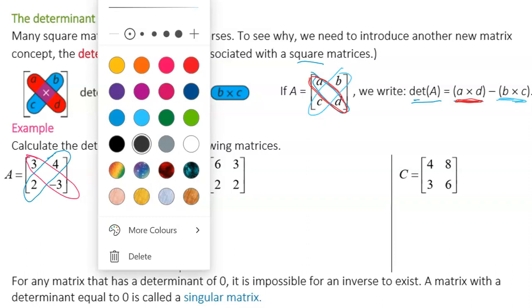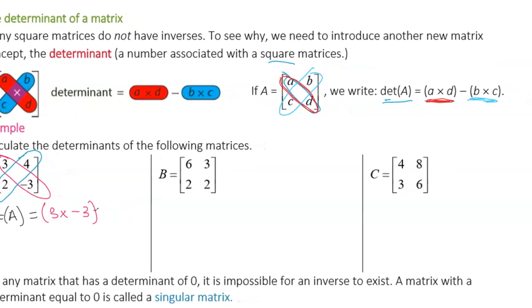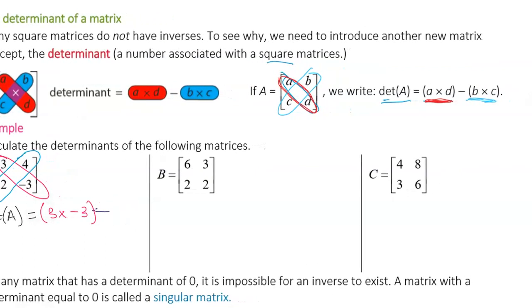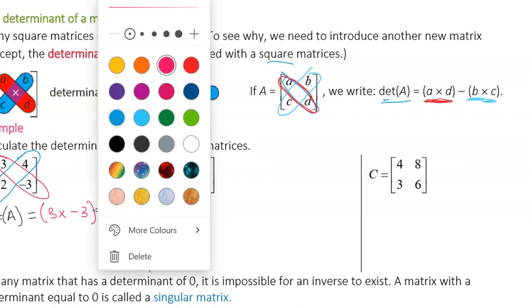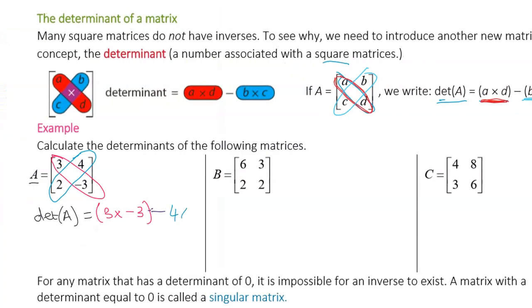So to calculate the determinant, it's matrix A, so the determinant of matrix A is equal to 3 multiplied by negative 3, subtract 4 multiplied by 2.